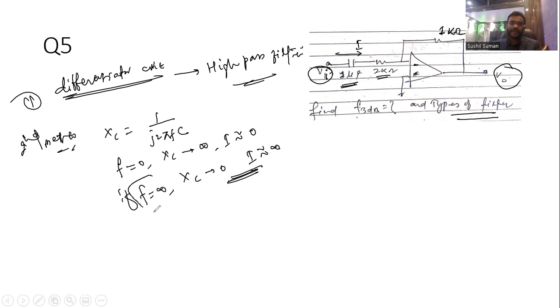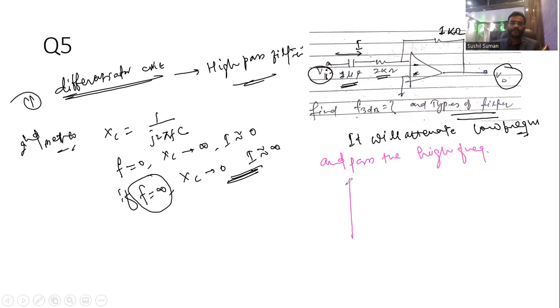If f tends to infinity, it means it will attenuate low frequency. Why attenuate low frequency? Because this becomes an open circuit, and it passes the high frequency.